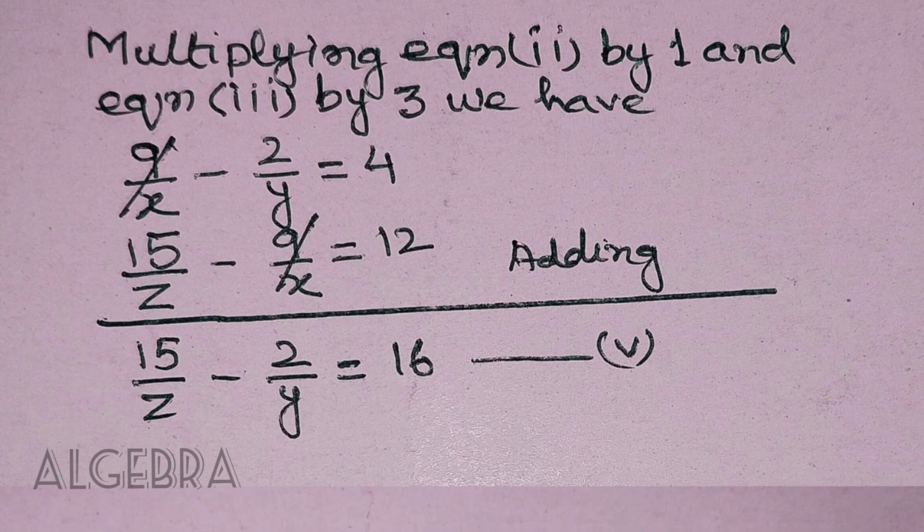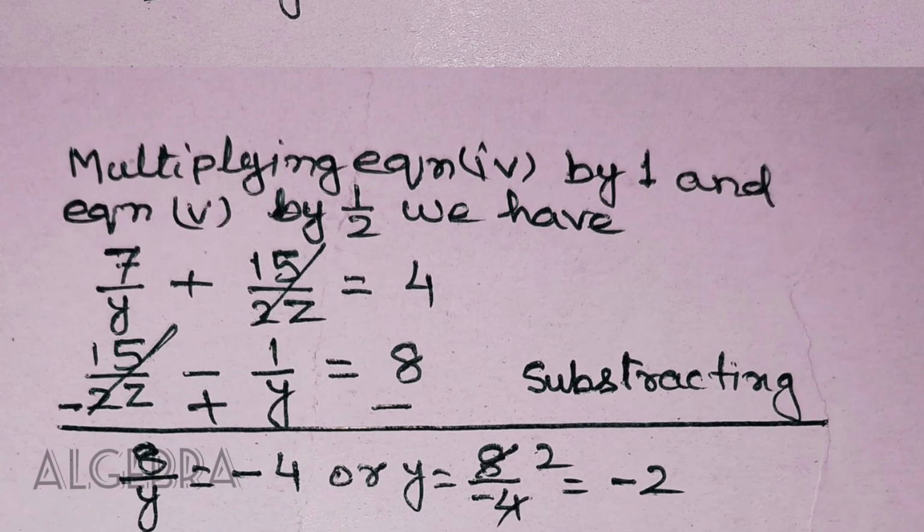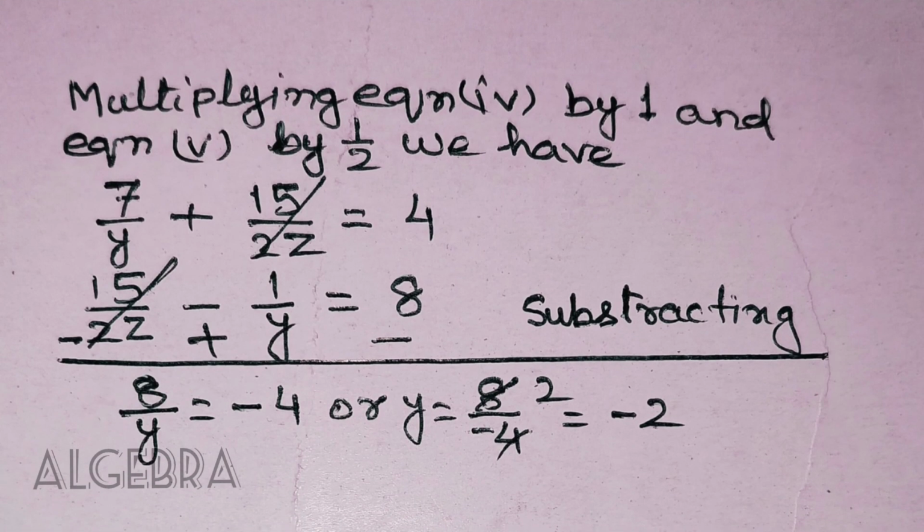Adding, 15/z - 2/y = 16, equation 5. Multiplying equation 4 by 1 and equation 5 by 1/2, we have 7/y + 15/2z = 4, and 15/2z - 1/y = 8. Subtracting, 8/y = -4, or y = 8/(-4) = -2.